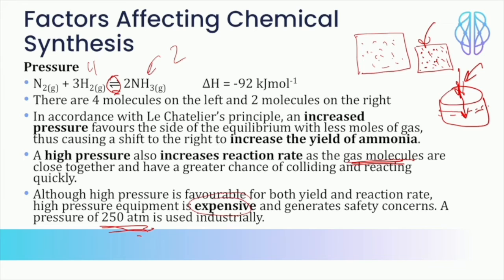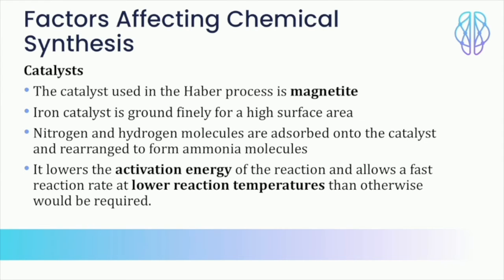Another thing that can affect any chemical synthesis is the use of a catalyst, and a catalyst is definitely something we use to make the Haber process overall more efficient. By way of review, a catalyst is anything that lowers the activation energy. However, it does this by not participating in the reaction itself, so it is not consumed in the reaction at all.